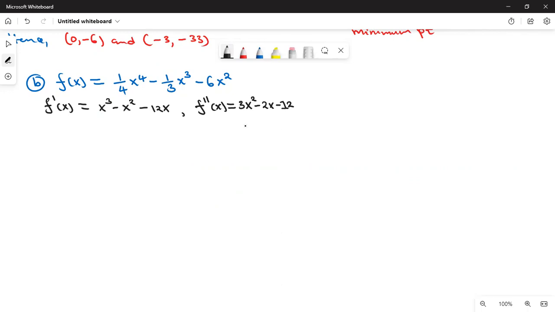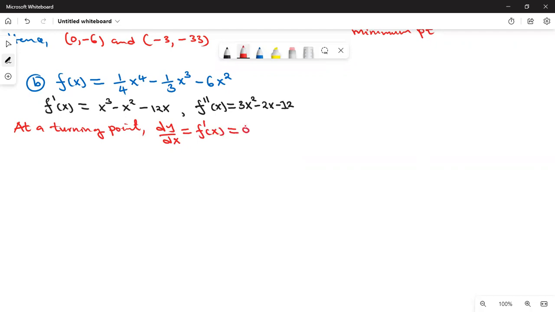So now let's find the turning points. At a turning point, we know that dy over dx, which is the same as writing f prime of x, should be equal to 0.